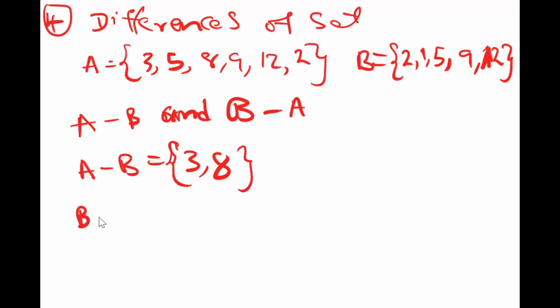For B minus A, let's also start from the first element, 2 here. 2 is in A. So 1 is not in A, write 1. 5 is in A, 9 is in A, 12 is in A, so the set now is 1. This is how to calculate the difference of sets.